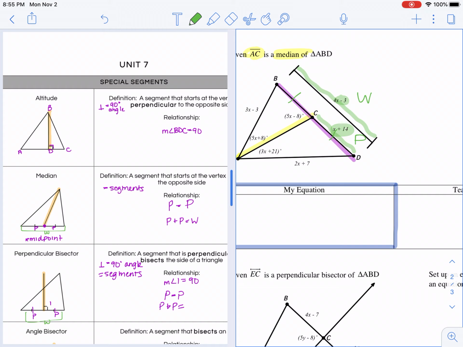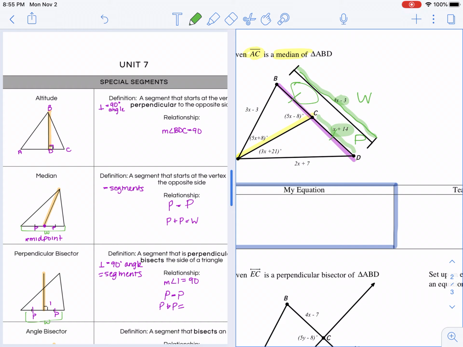I know this is a part because it only goes from the midpoint to the endpoint. And I know that this other part here is a whole because it goes from each endpoint of the segment. So when I look at my options, I can do part equals part, but there's nothing there. Or I can do part plus part equals whole.